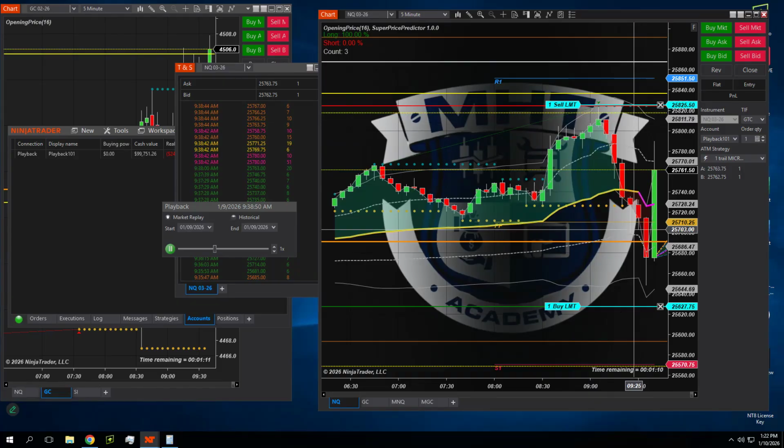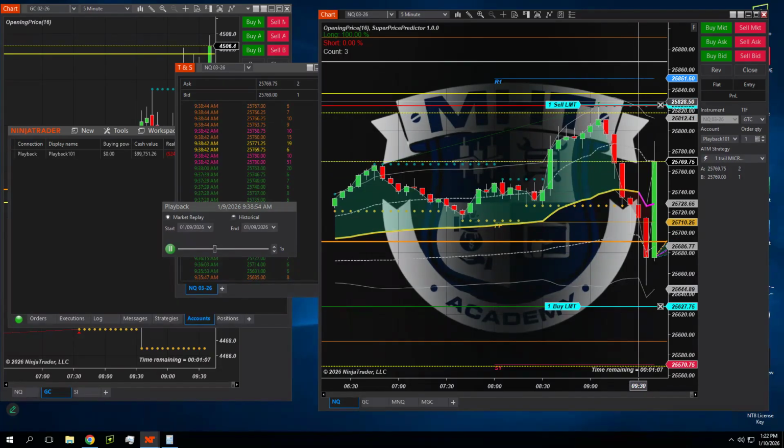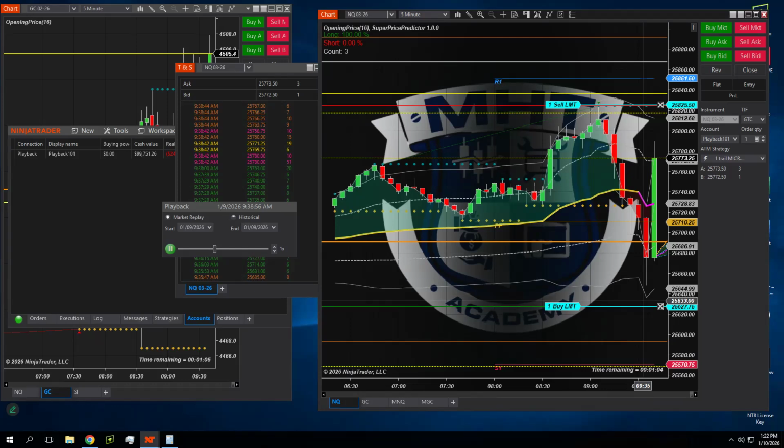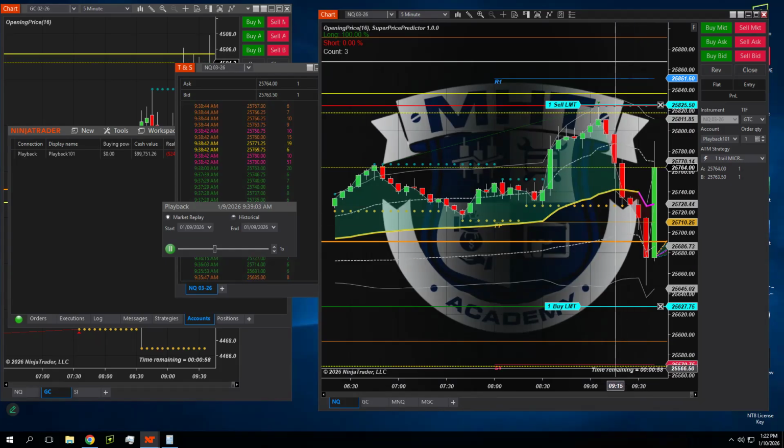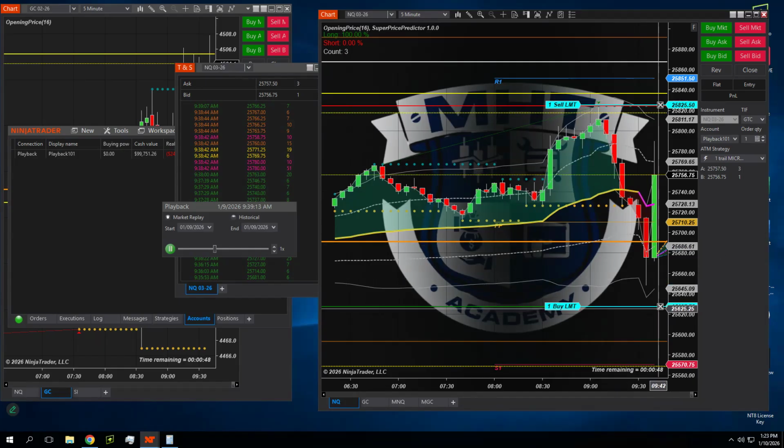Whichever one it hits first is going to cancel out the other one, because I don't want it to put me in a trade here, go all the way down, and then cancel the trade out for me. So I'll use that on an overnight trade. I'll place a trade in 2 different areas, and I'll go to sleep. Whichever one it hits first, go ahead and cancel out the other one. Oh, okay. Thanks. That's how I would use that one. Order cancels order is for when you put in a trade and you aren't going to be there to watch it.